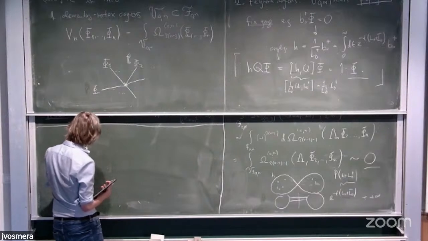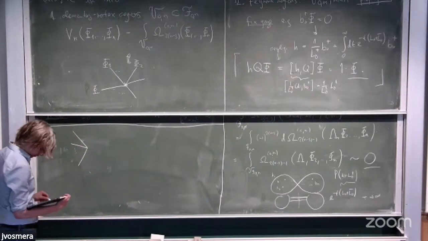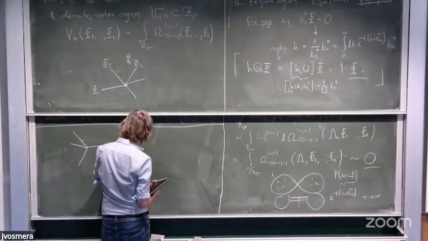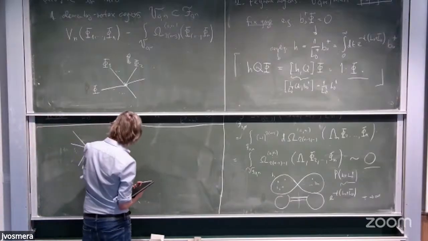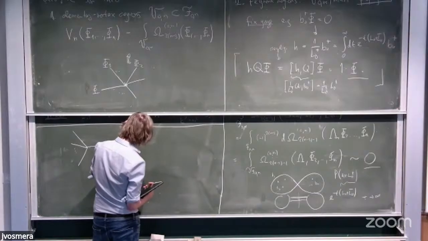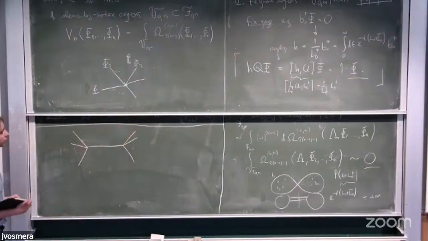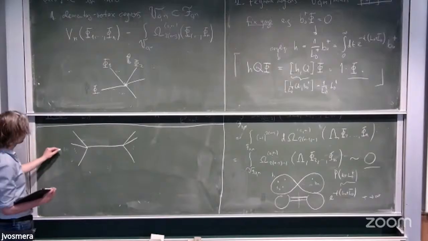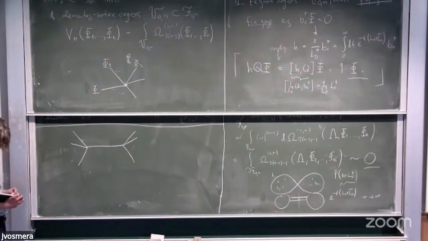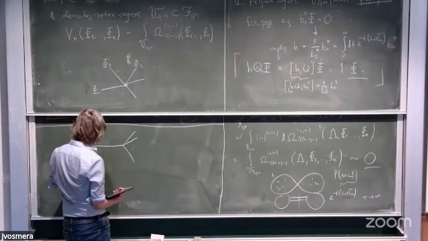So as I was promising, these should be diagrams composed of 2 elementary vertices. Each of the elementary vertices contains a number of external functions which is strictly less than n. So these are some, let's say, vertices.